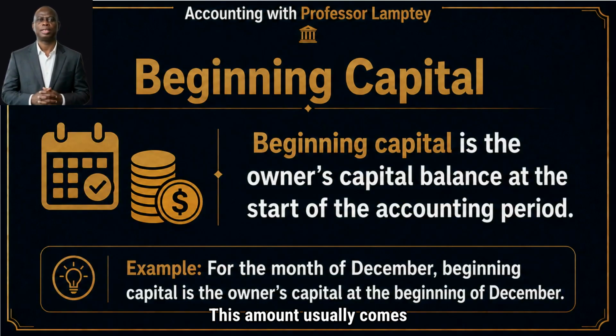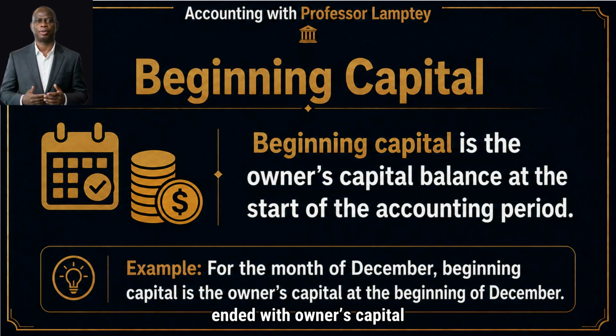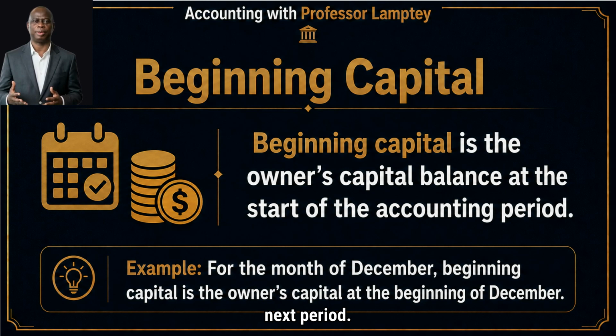This amount usually comes from the ending capital balance of the previous period. So if last year ended with owner's capital of $30,000, then this year may begin with owner's capital of $30,000. That is why accounting is connected from one period to the next. The ending balance from one period becomes the beginning balance for the next period.